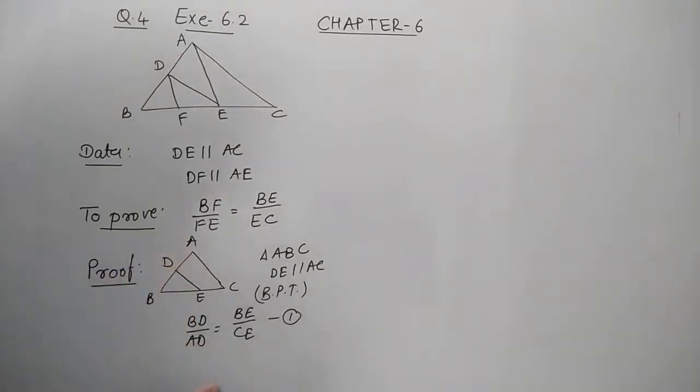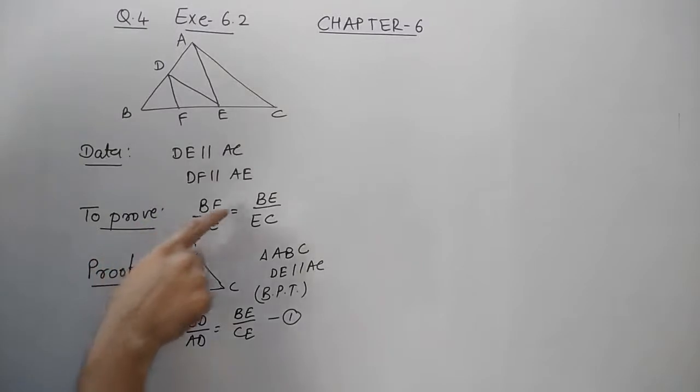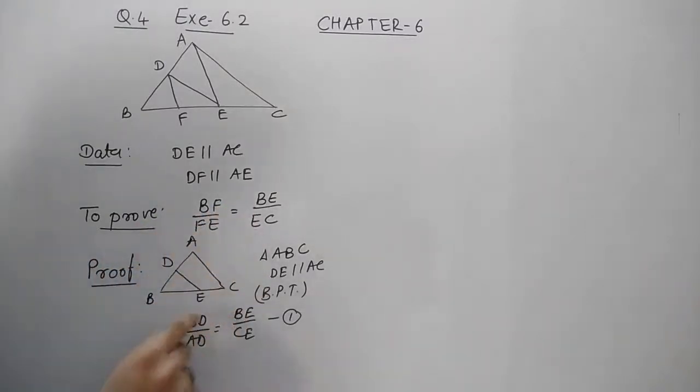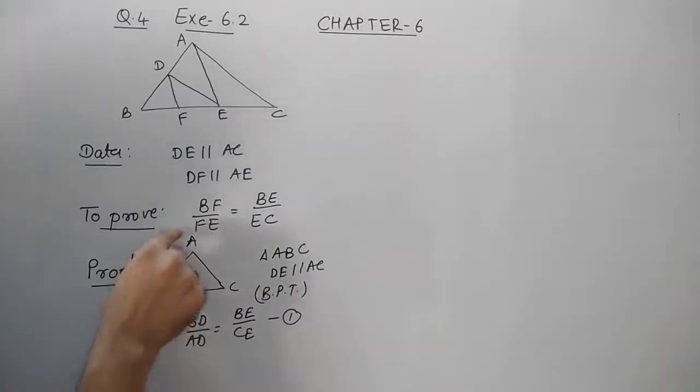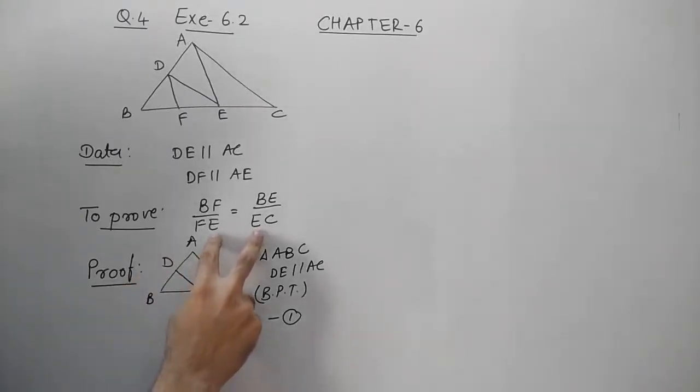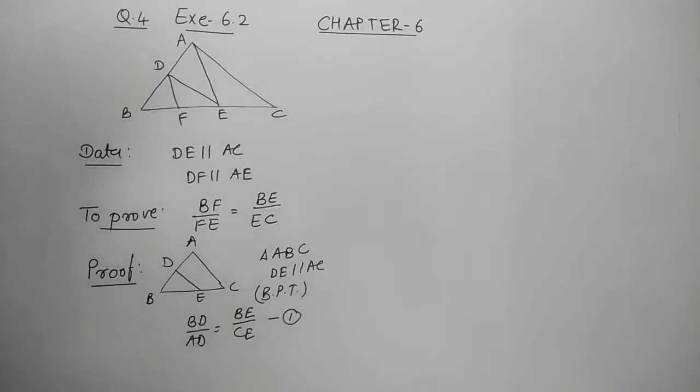I told you in the previous question that it is based on what we require to prove. Look here, we require BE upon CE. That is why I have taken BD upon AD. Which ratio we take is based upon the answer which we require.